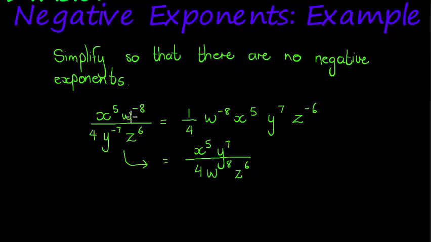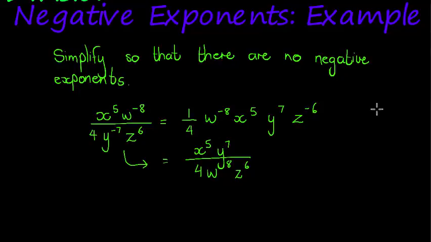So look, there's w to the power of negative 8. It could move to the denominator as w to the power of 8. Y to the power of negative 7 in the denominator moved to the numerator as y to the power of positive 7. Okay, so that is one way of doing it, but again, you can only do this if you don't have pluses and minuses. In other words, you don't have more than one term, either in the numerator or in the denominator.